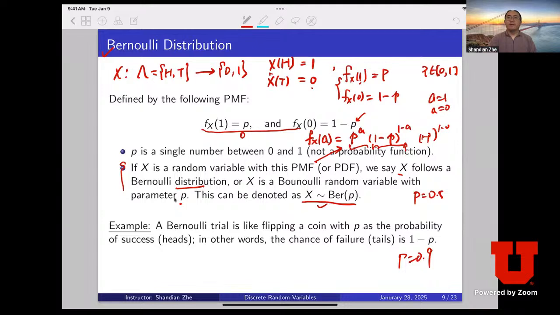So actually, this p indexes different types of Bernoulli distributions, which represent the chances you see success. Usually we view success probability as p and failure probability as 1 minus p. So the larger p means you have a larger chance to succeed in your random experiment.